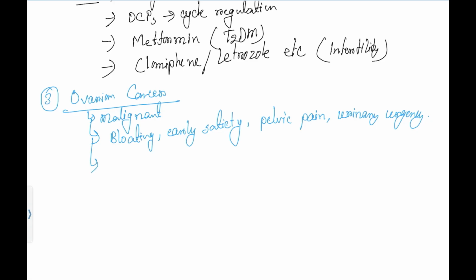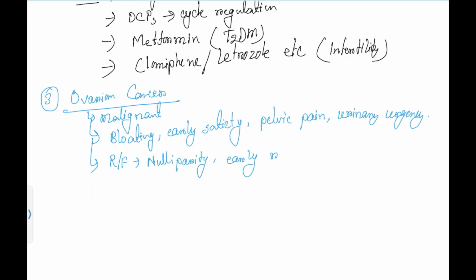Then what are the risk factors? Like age. If a female has had a previous cancer like breast cancer, that is a risk factor. Nulliparity means she never gave birth to any baby.